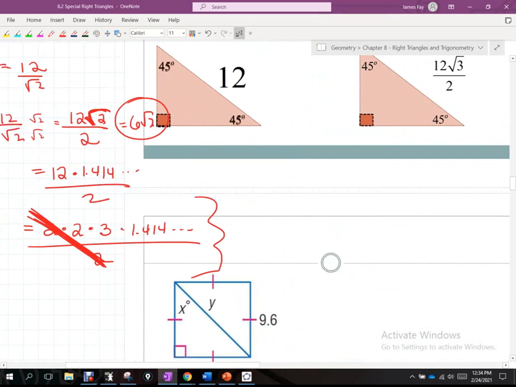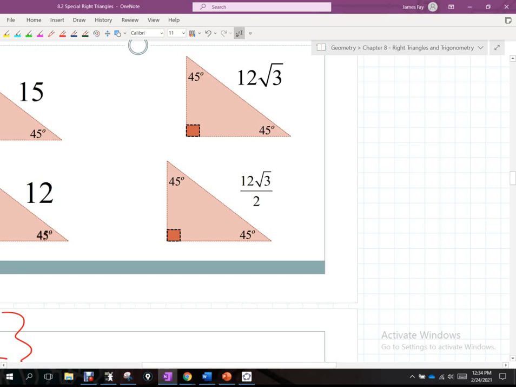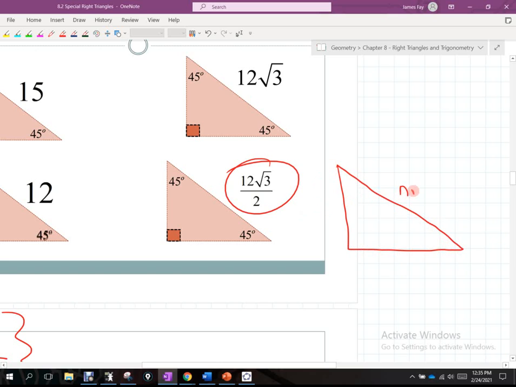What about, do one more here? What's this one? This one's a little bit more difficult. If I take my template, does everybody see that the n radical 2 would land on top of the 12 radical 3 over 2, right?